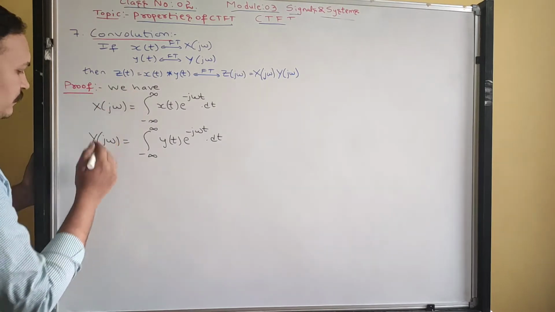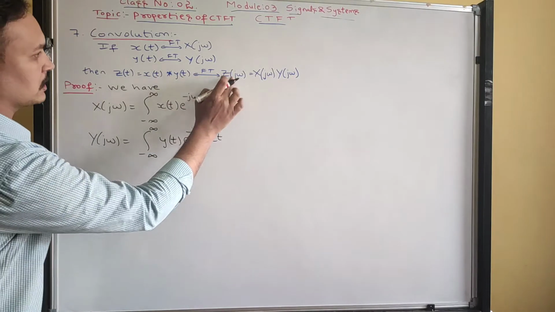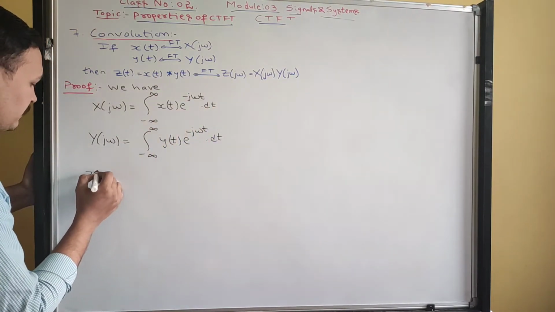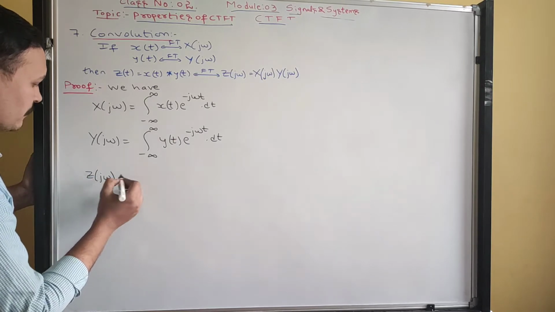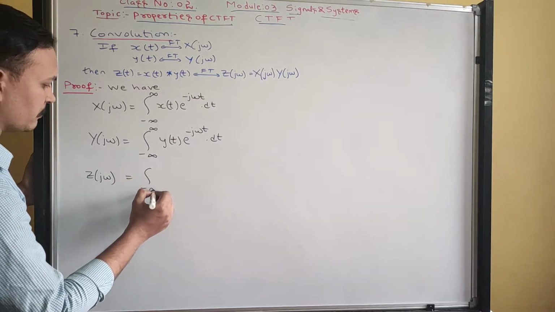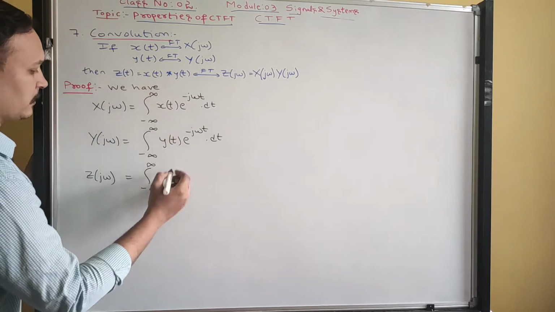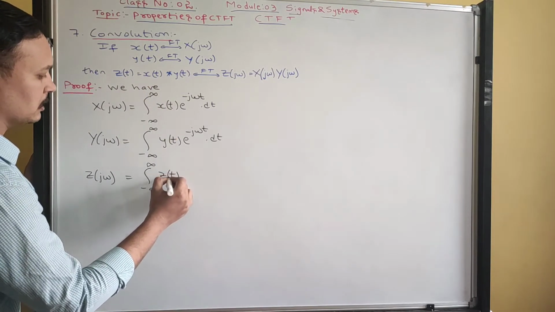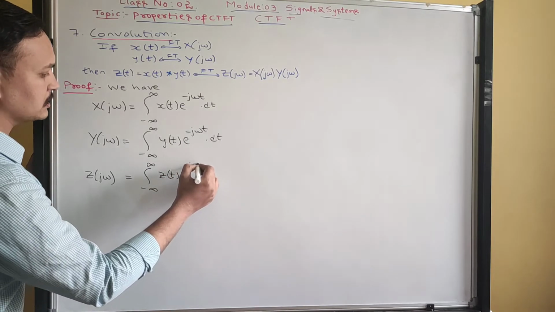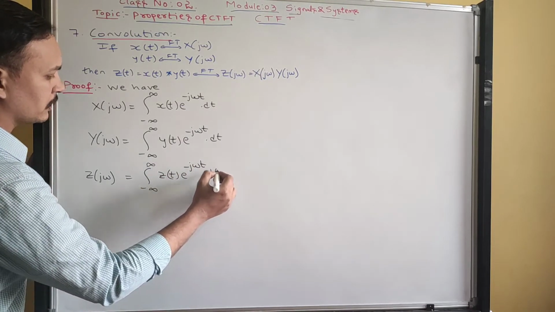Similarly, z of j omega is equal to the integral from minus infinity to infinity of z of t into e to the power of minus j omega t into dt.